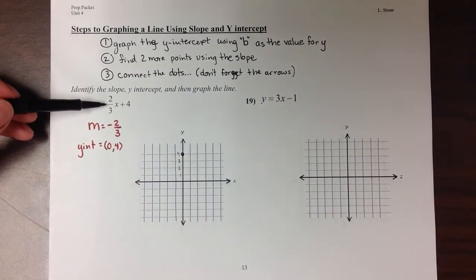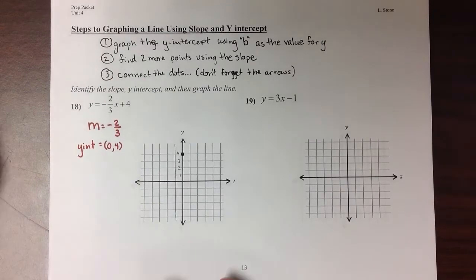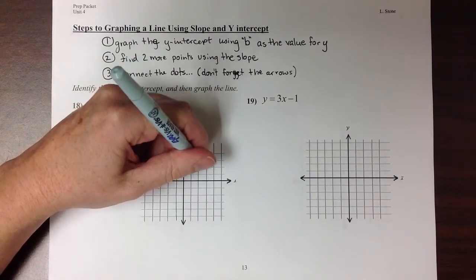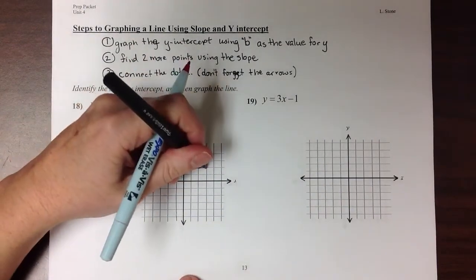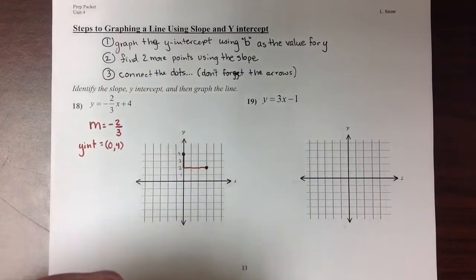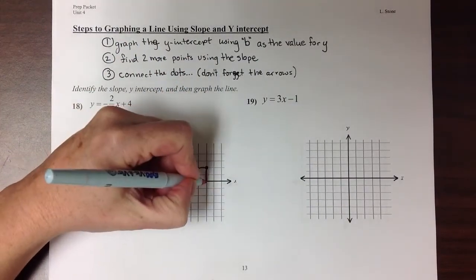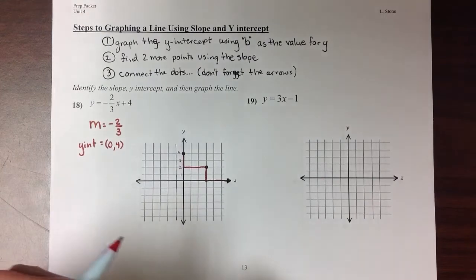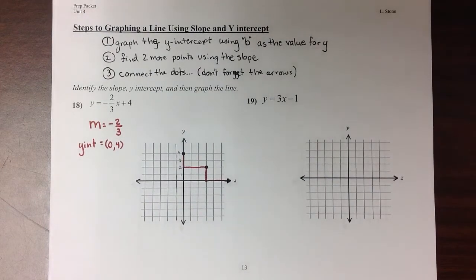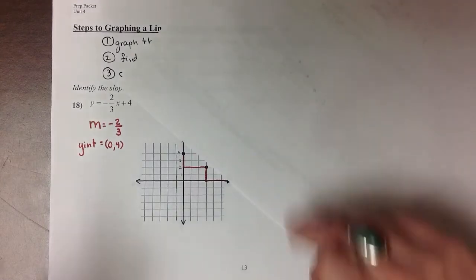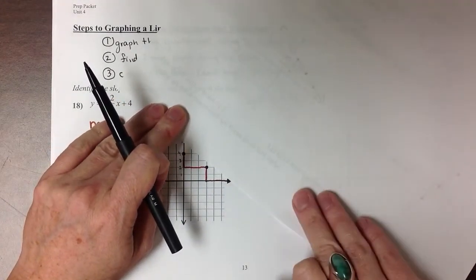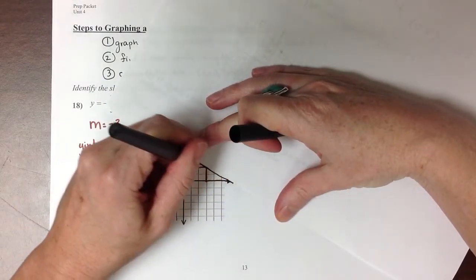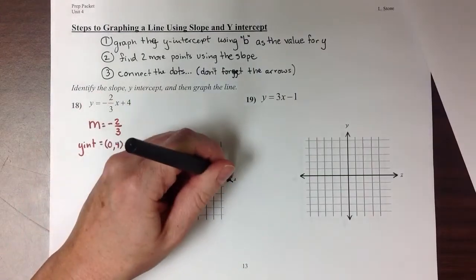And then the slope says go down 2, because it's negative, so I'll go down 2 over 3. So there's my next point. And then down 2 more, and over 3 more. So you're running right off the edge of my graph here. Then I connect those points, and that's the graph of the equation.